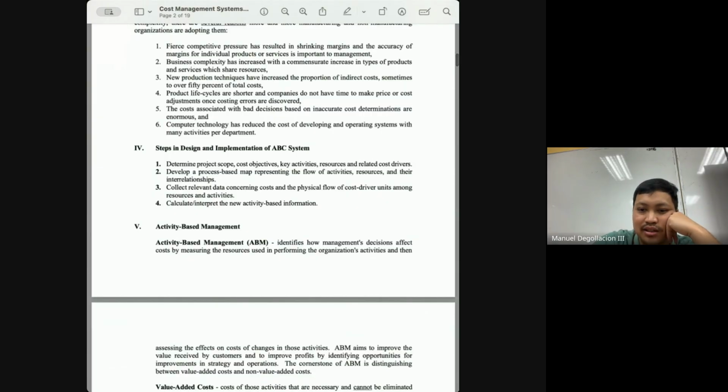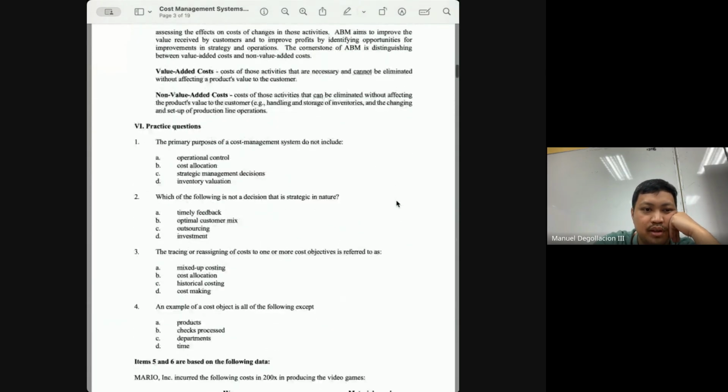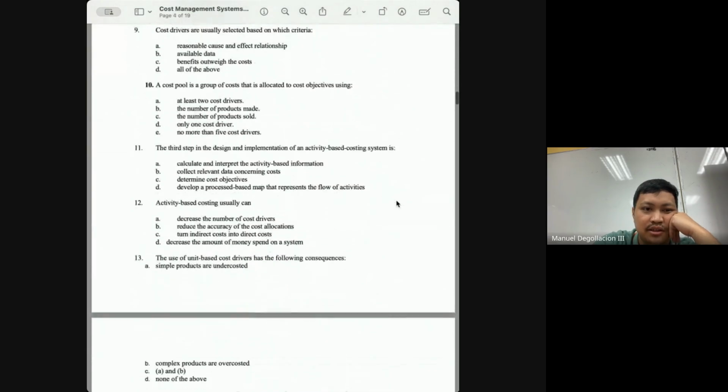So this is letter C. And then number 2 is develop a process-based map. This would be letter D in the choices. What we're looking for is number 3, collect relevant data concerning costs. So the answer here is letter B. Answer number 11 is letter B.